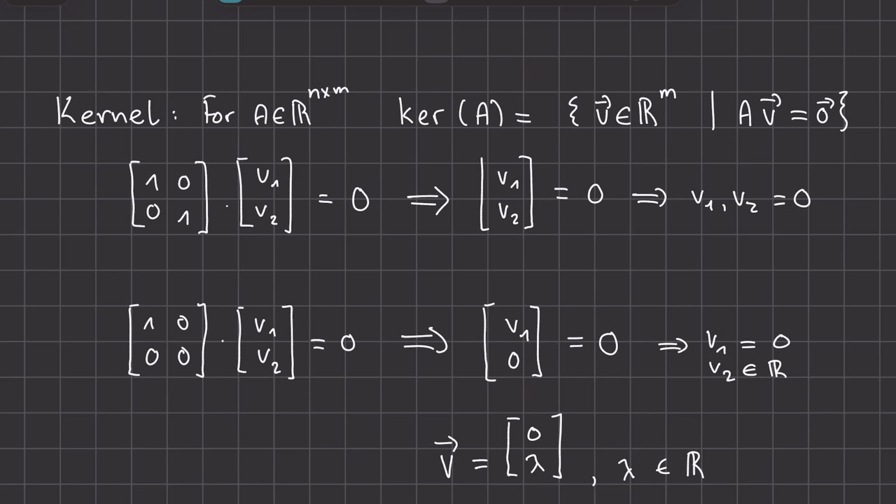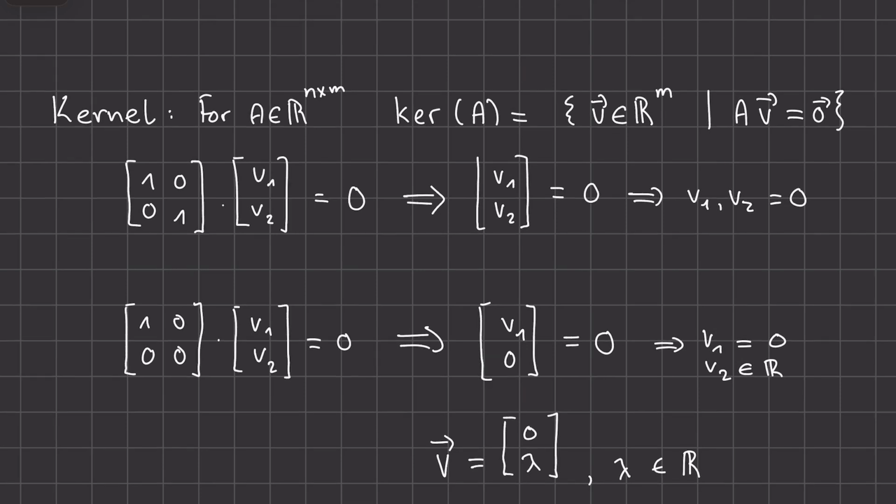So this represents an infinite amount of different vectors that multiplied with this matrix equal 0. And one can see this because if this vector were to be written on this side here, our multiplication in the first row would multiply like this and multiply 1 with 0 and 0 with lambda. And in the second row, because we already have zeros, it would just multiply to 0 again.